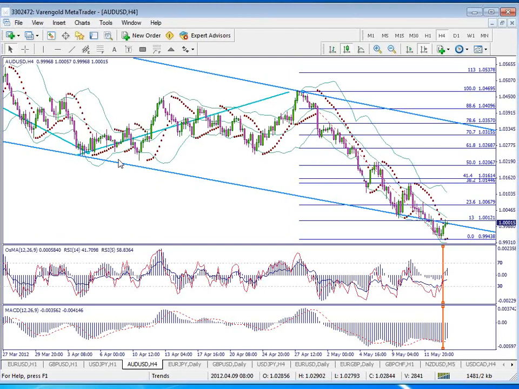So I think you will also have a lot of false signals. So you have to go into trades with smaller positions, and you have to be a little bit careful in this period of time. It is the end of a big cycle.